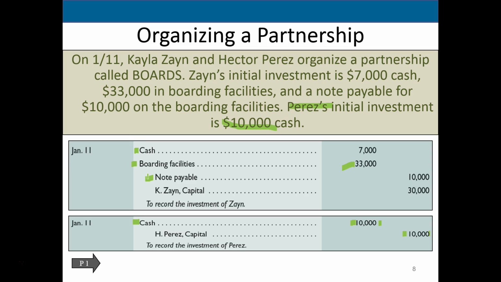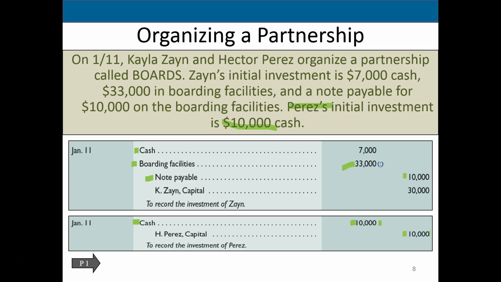So now both partners are assuming that liability within the partnership. And therefore, a liability has a credit balance. We need to put that credit balance on the books. Credit balance have a credit account. Therefore, we do the same thing to it to make it go up. We're going to increase the note payable, the liability, by crediting 10,000.